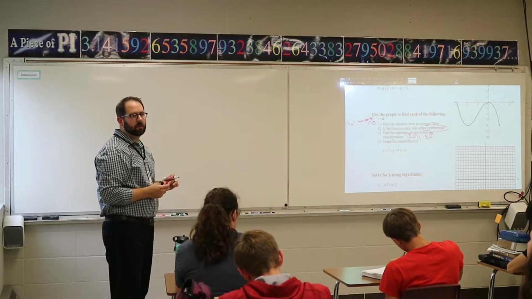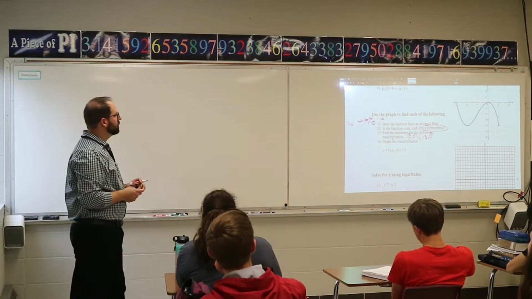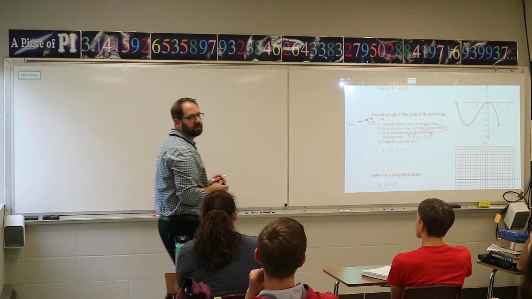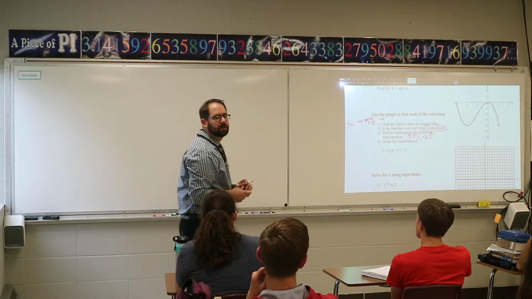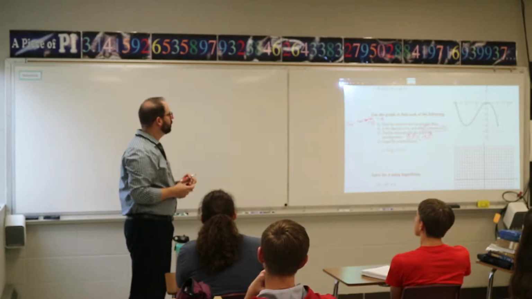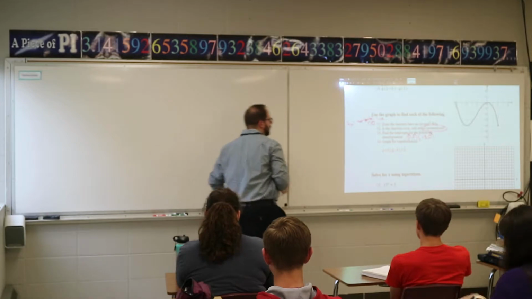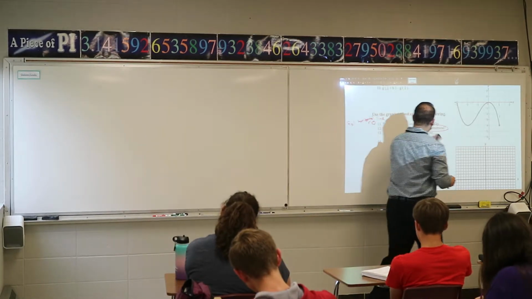Wait, so that's asking for the graph as is? As is. The intercepts for the graph, as it sits. That's confusing because it says for the following information. Oh, you're right. We have to transform. I didn't see that. We'll come back.